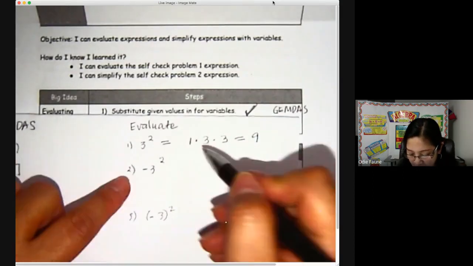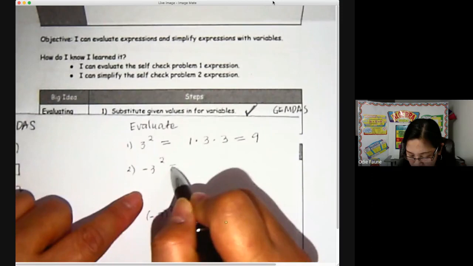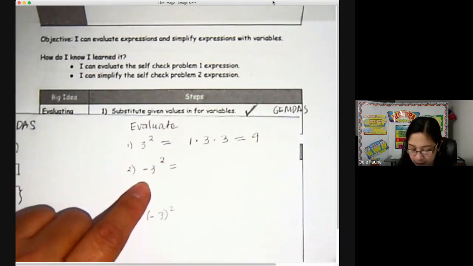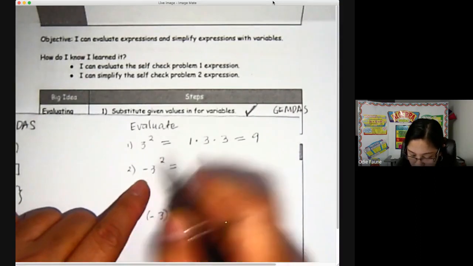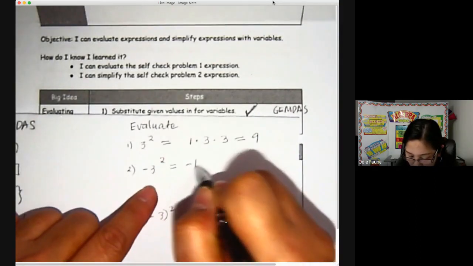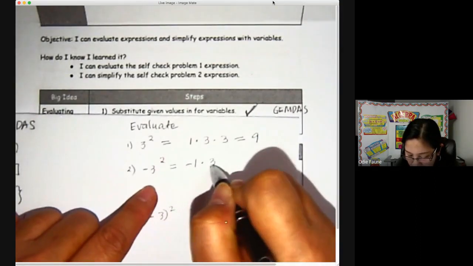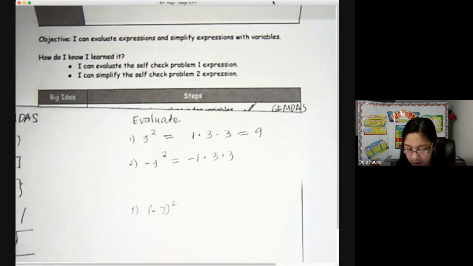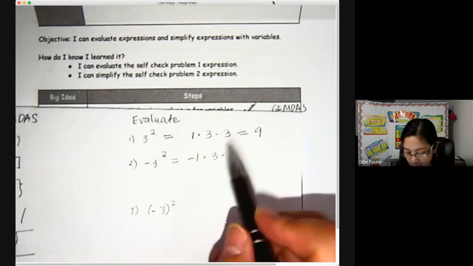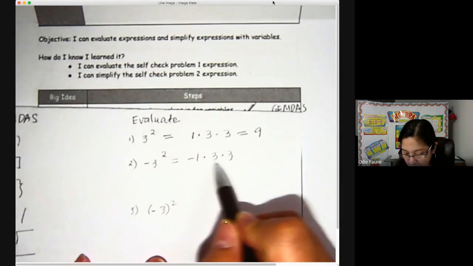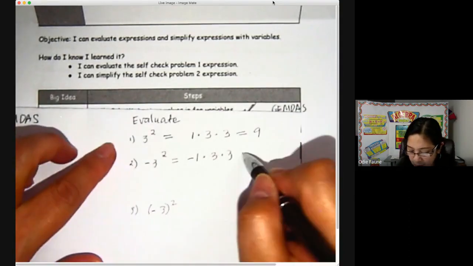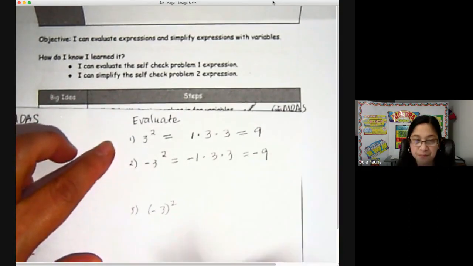I emphasize the 1 there so that you would see why the answer here is a negative. So when we expand this, it means negative 1 times 3 times 3. See, only the 1 is negative, not the 3. So when we multiply these two together, we have a 9. 9 times negative 1 is equal to negative 9.